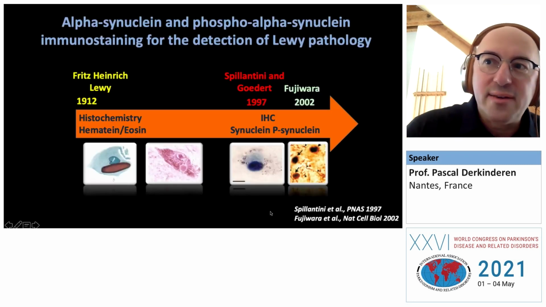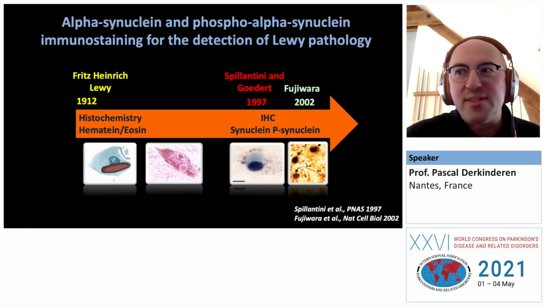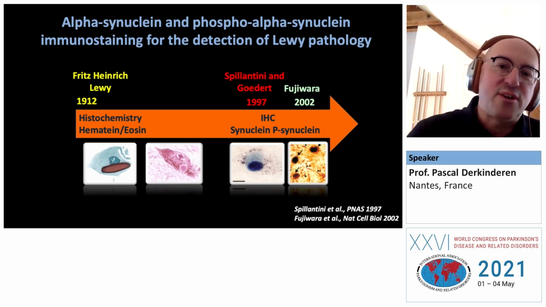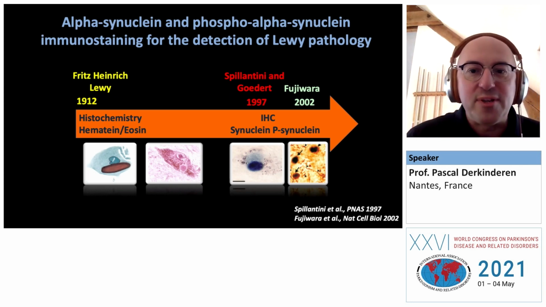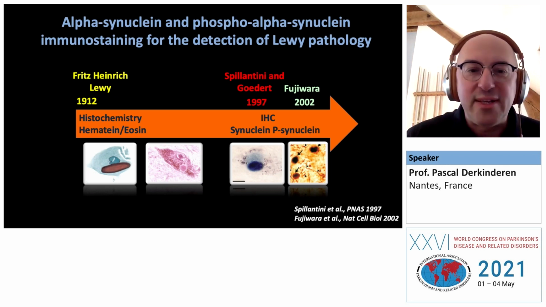As you are aware, there have been major advances for the detection of Parkinson's disease pathology at the end of the noughties, with the discovery that the neuronal protein alpha-synuclein is a main component of Lewy bodies and Lewy neurites.